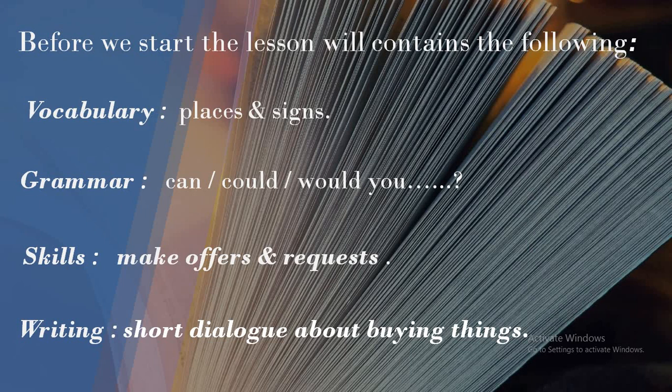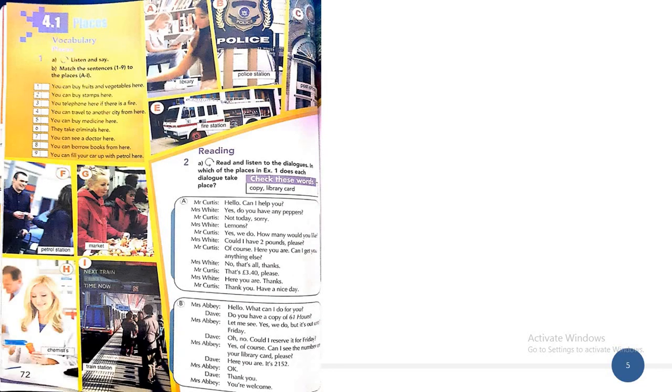Good. Now, let's move to page 72. Make sure, please, you open the page. This is the page. Please look at the pictures carefully and look at the sentences from 1 to 9.